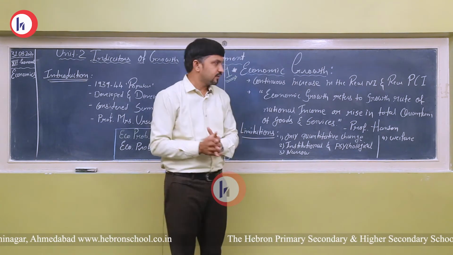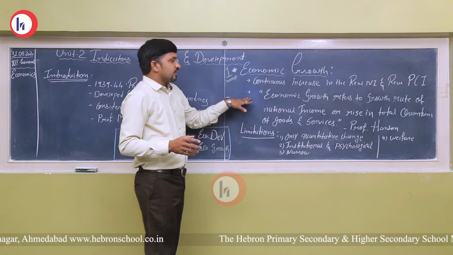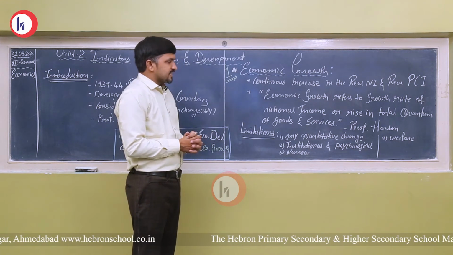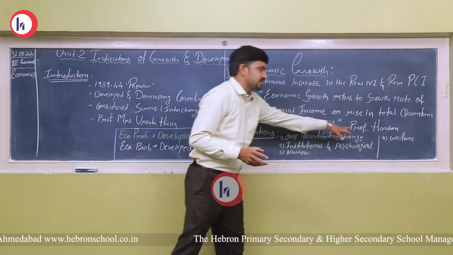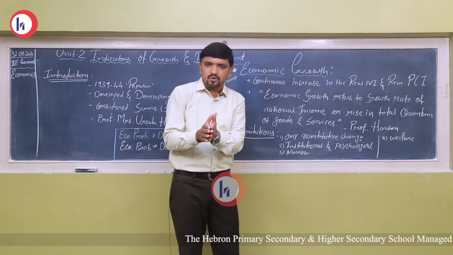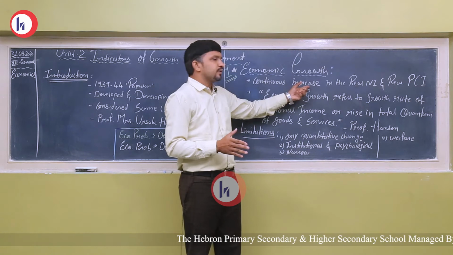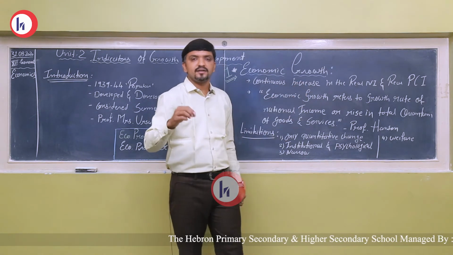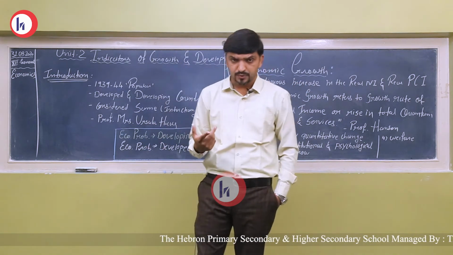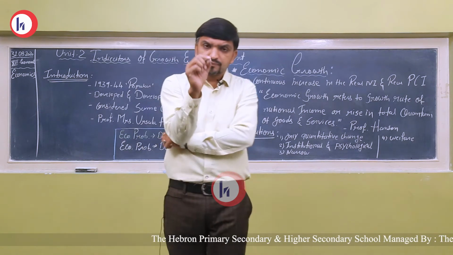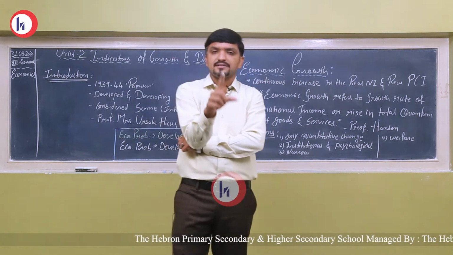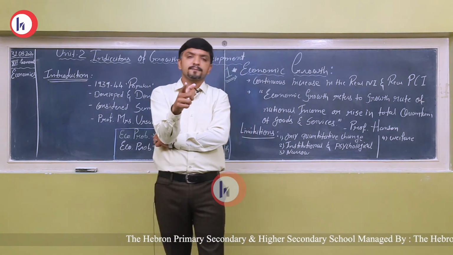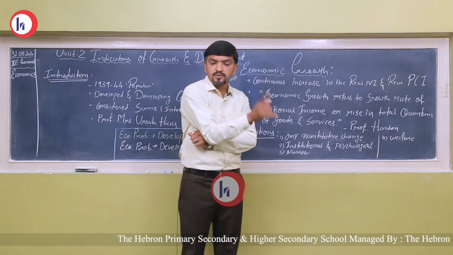Is it clear? Okay. One more definition I have written on the board, that is given by Professor Hansen. It is based on the above simple meaning itself, and one hint I would like to give. If the definition given by Professor Hansen is clear in your mind, then the limitations will be more clear.